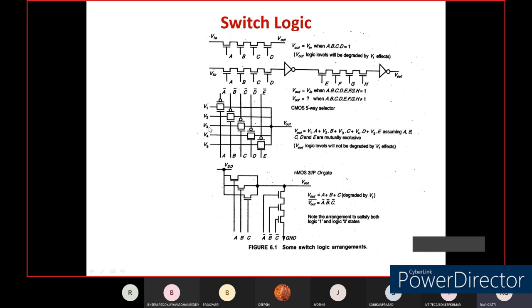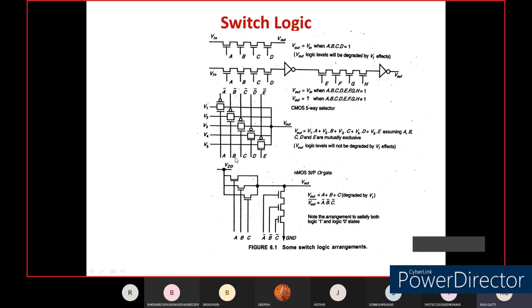The next one we call a five-way selector switch. This five-way selector switch we are going to implement through the use of transmission gates. If you carefully observe, each unit has A and A bar. For the NMOS we are giving A, and the complementary input we are giving to the gate terminal of the PMOS.